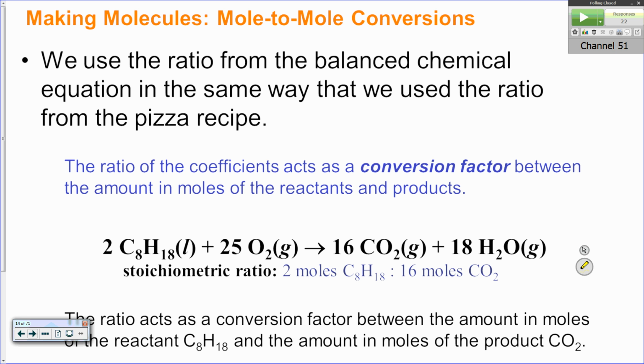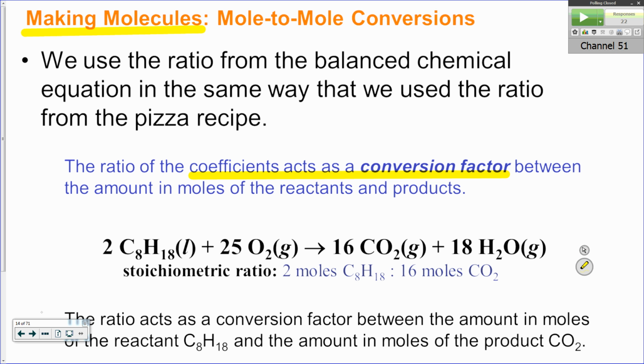But we can do the same thing with molecules instead of ingredients. We just need to think about mole to mole or molecule to molecule conversions, and we use the balanced reactions to look at these particular relationships. The coefficients in that balanced stoichiometry become our conversion factors to relate the moles of one substance to the moles of another substance.